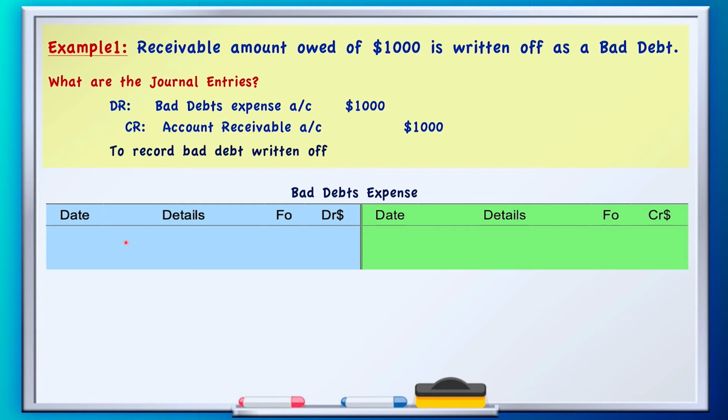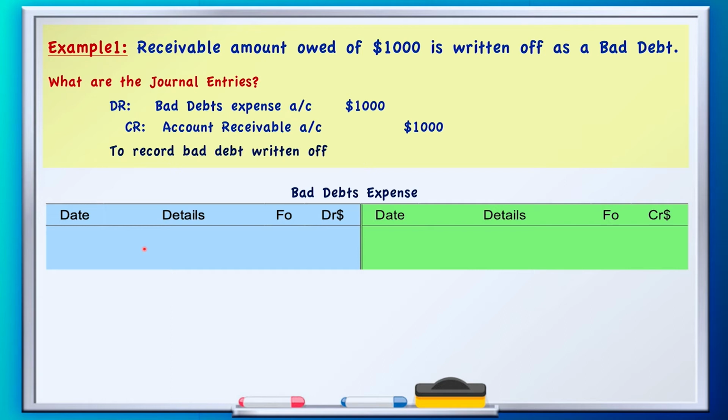If we had a date, you would write the year, the date. My example doesn't. Details: your details will always be the account that the opposite was done to. In this case, let me make it even easier for you. You only have two accounts. If you're in the bad debts account, that means it will be the other account, which is the accounts receivable, will be your detail. Right? So let's stick to the nice easy for this one.